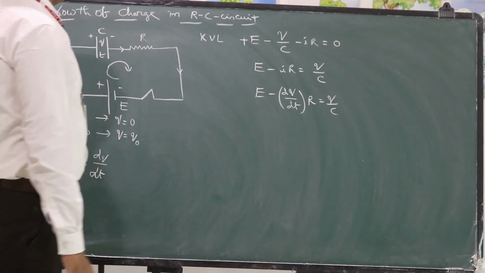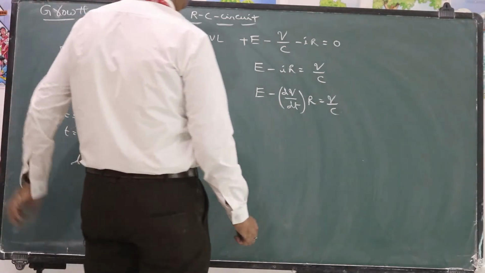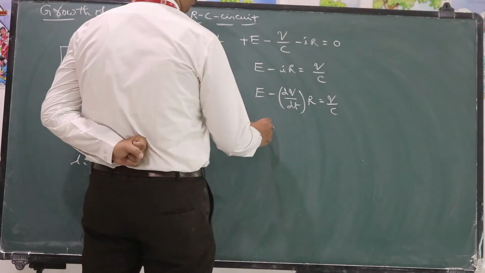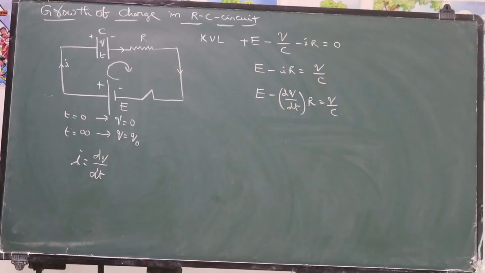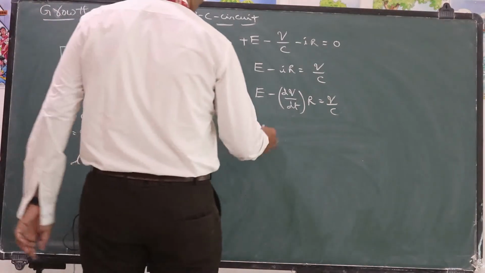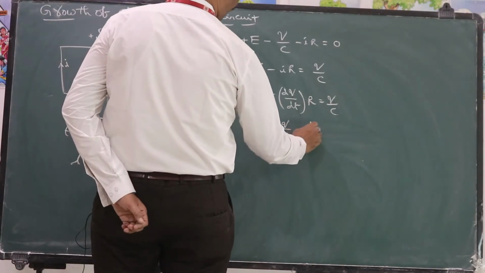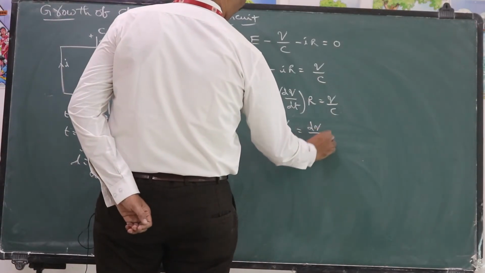Let us see. Let me bring that q by C to this side. E minus q by C is equal to dq by dt into R.